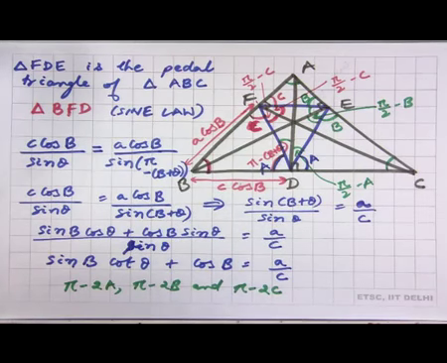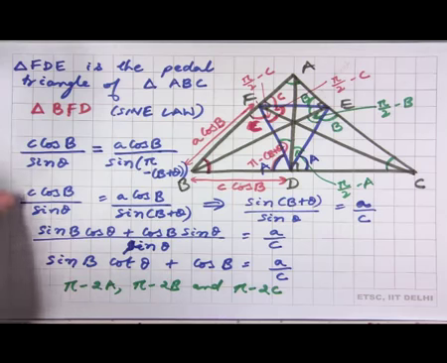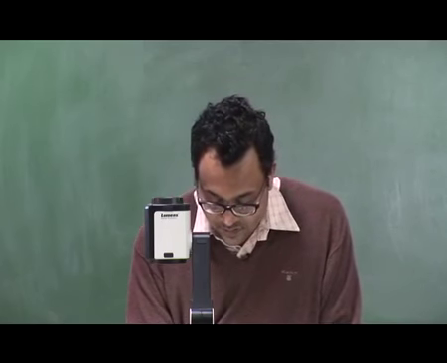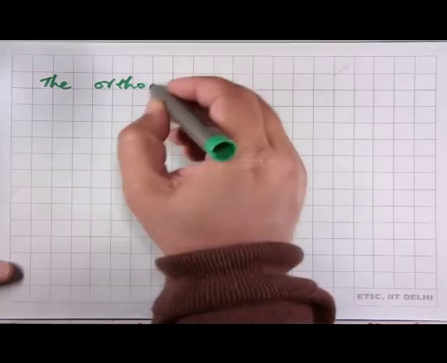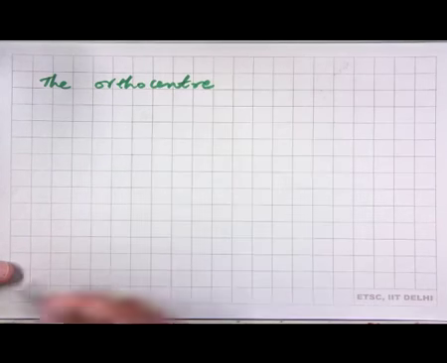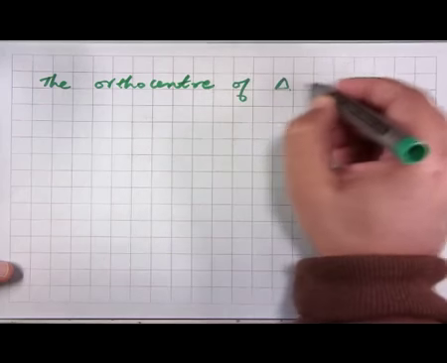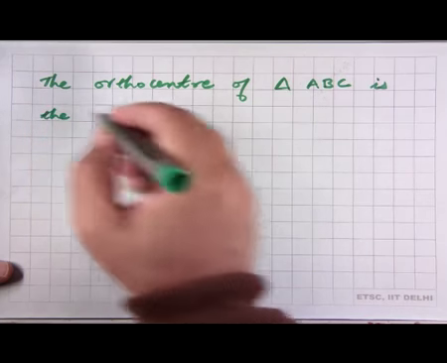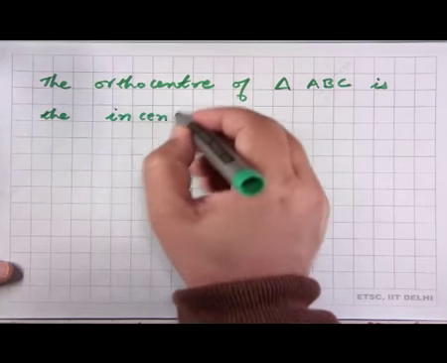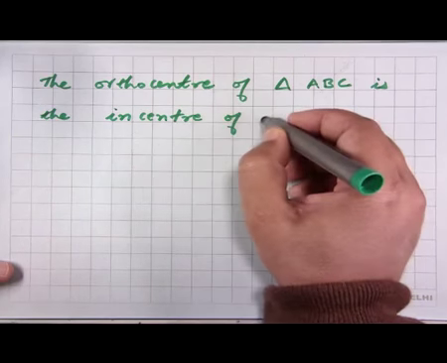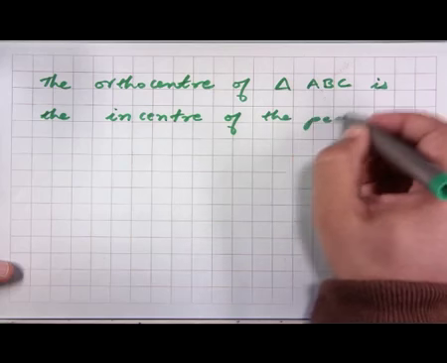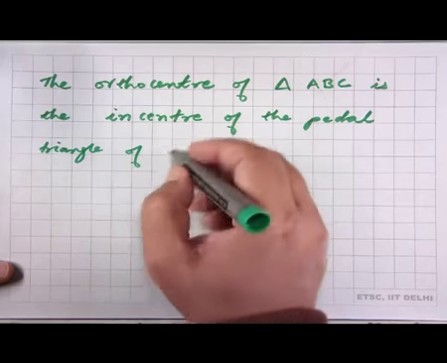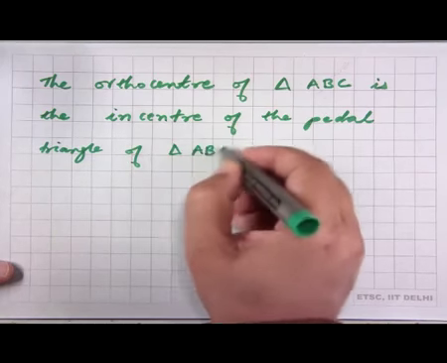So, what we have therefore shown is that the orthocenter of triangle ABC is the incenter of the pedal triangle of triangle ABC.